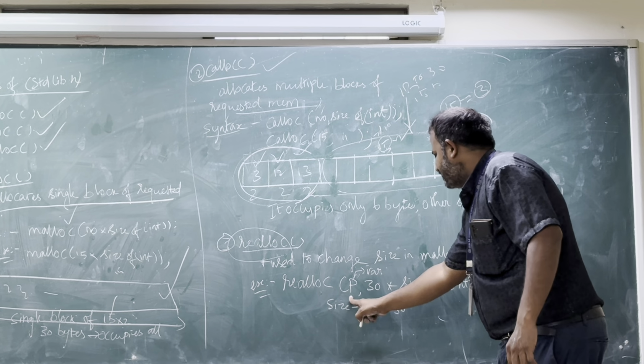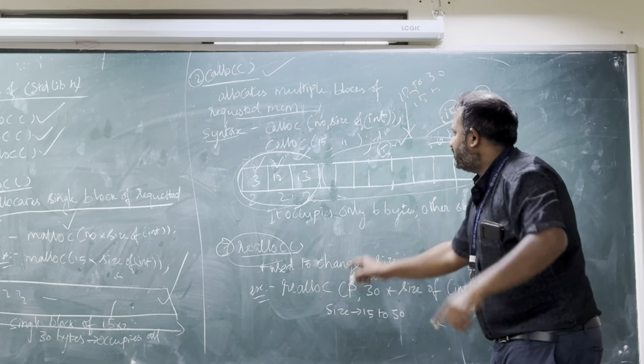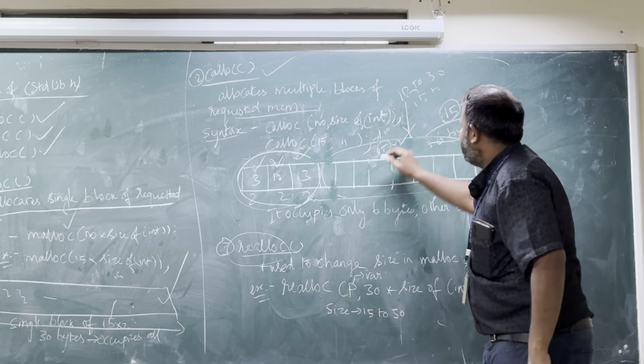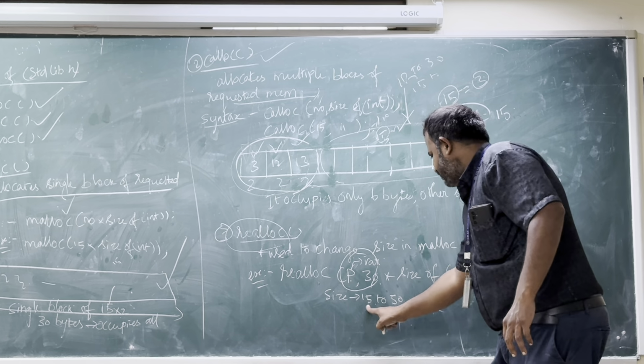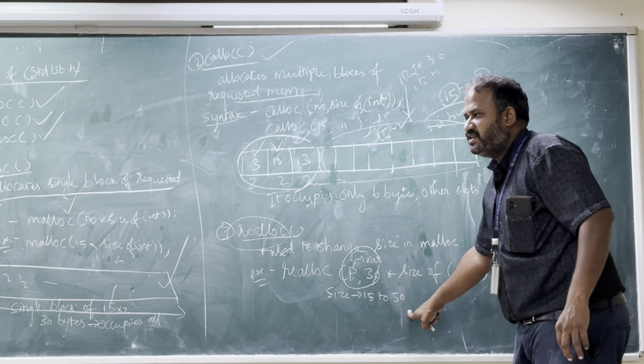Initially p has a total size of 15 blocks. Give this p value comma 30, which means the size is increased from 15 to 30.